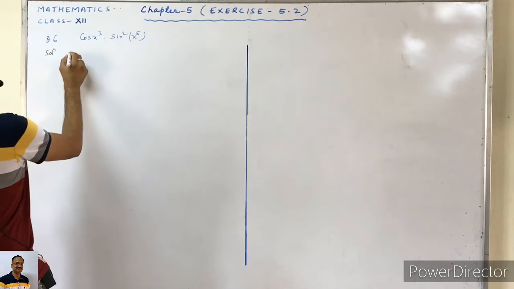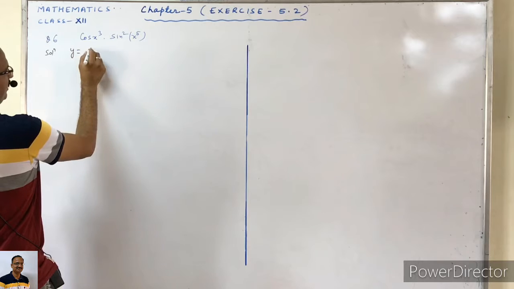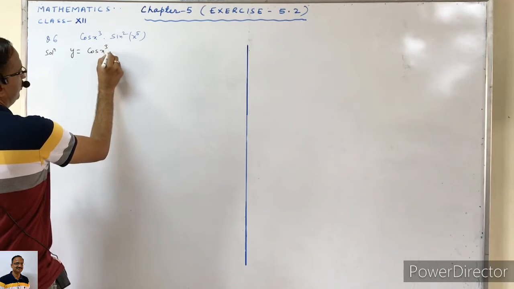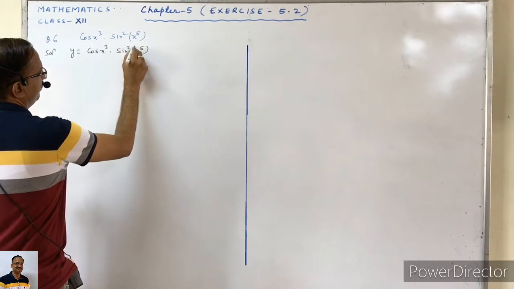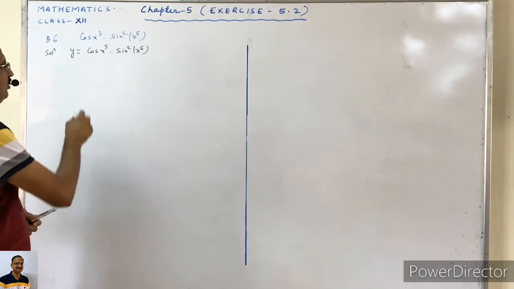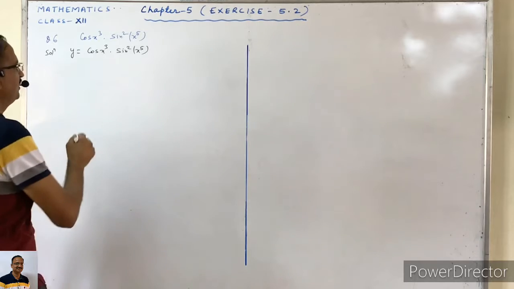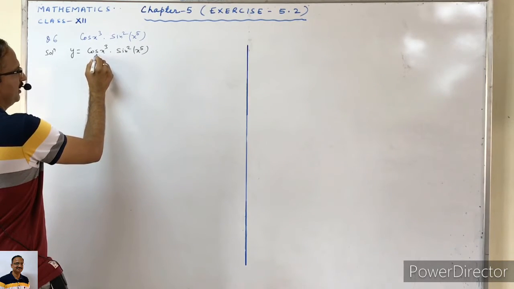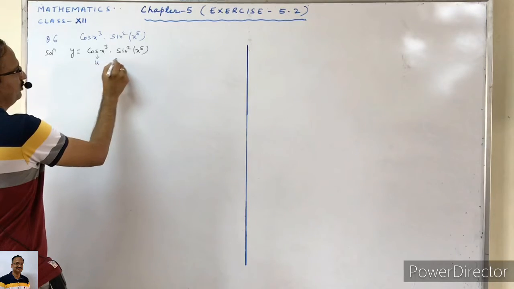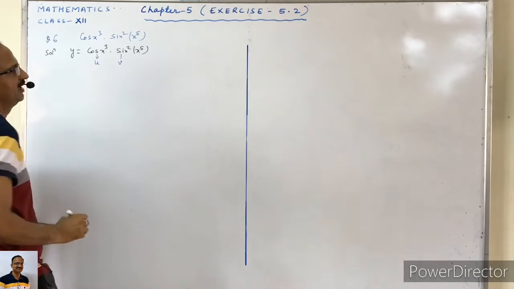Let us suppose that this function is y, cos x cube multiplied by sine square x raised to power 5. When we look at this function, we observe that these two are functions which are in product. So let us suppose that this is u and this is v.